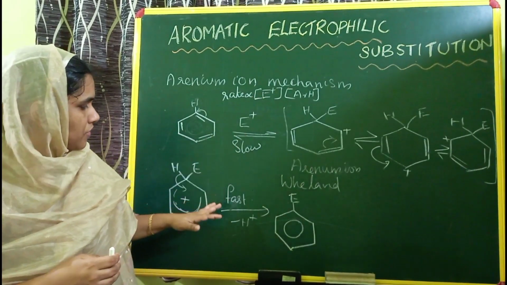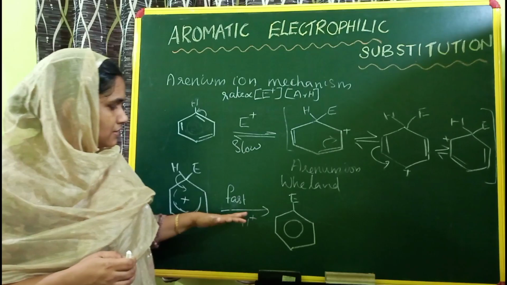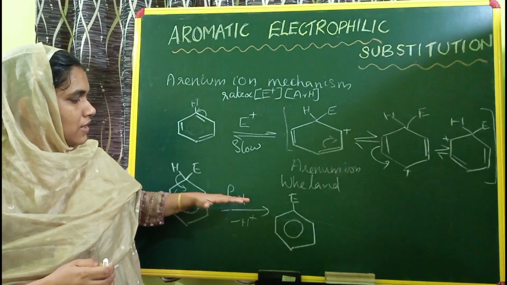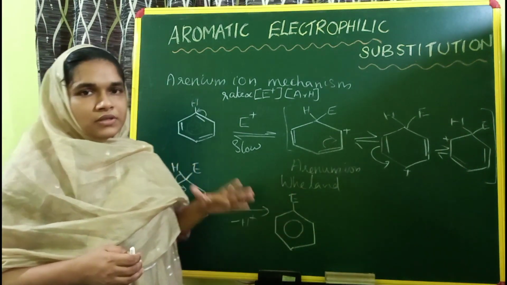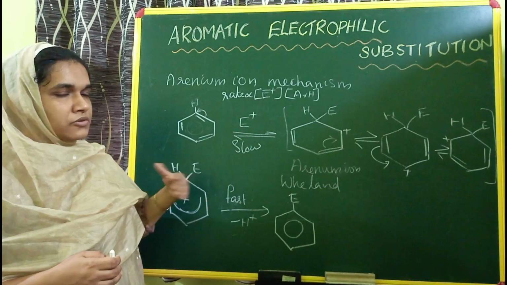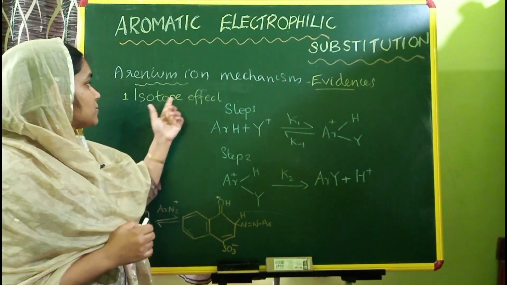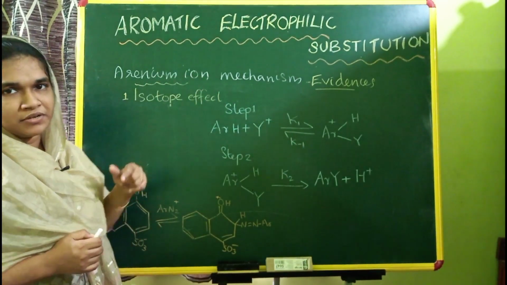A bimolecular mechanism is there. But in some cases this step may not be very fast, so that this step may also influence the mechanism. Next we are going to see the evidences for this arenium ion mechanism.